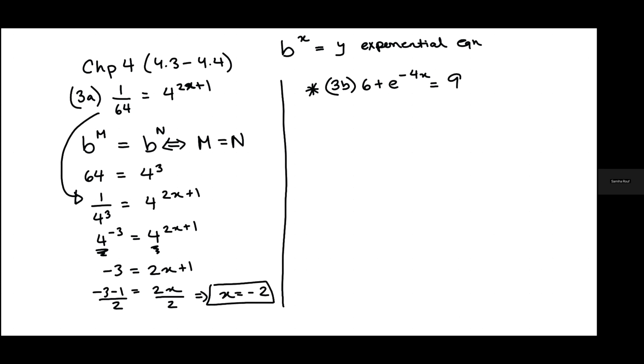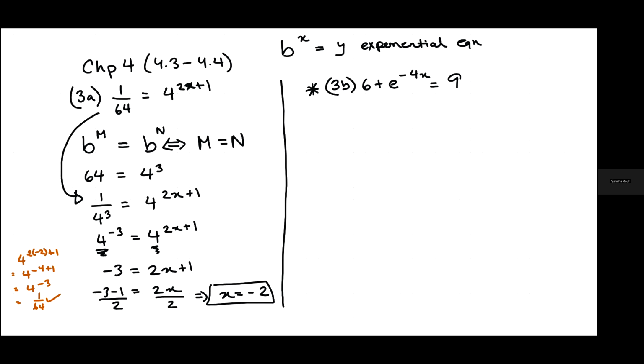So let's just quickly do that over here. If I plug in negative 2, 2 times negative 2 plus 1 gives me 4 to the negative 4 plus 1, which is 4 to the negative 3. That's 1 over 64. Okay, so that works.